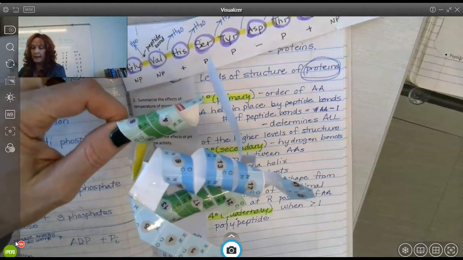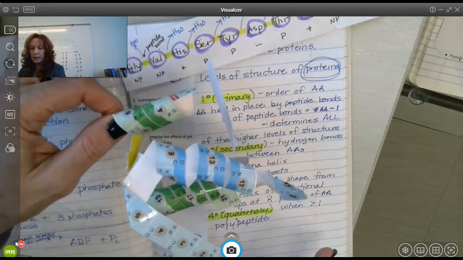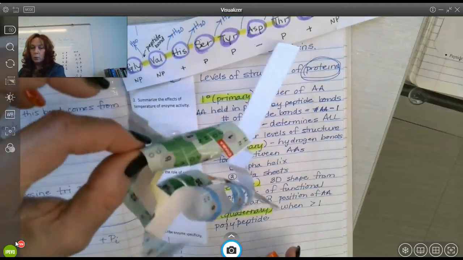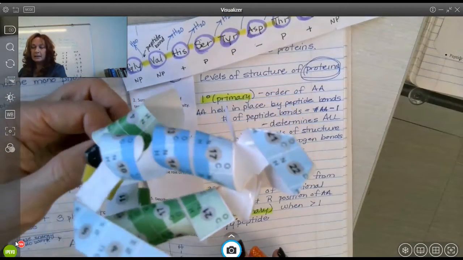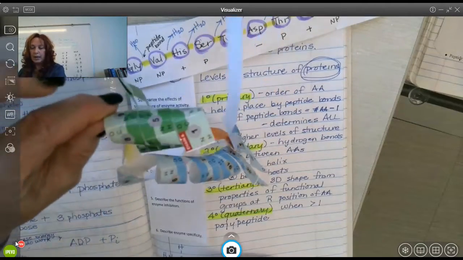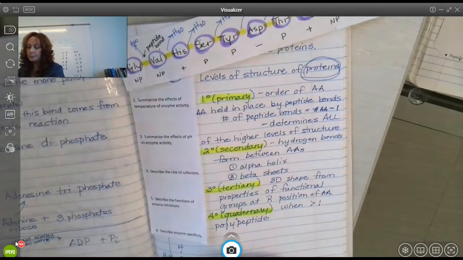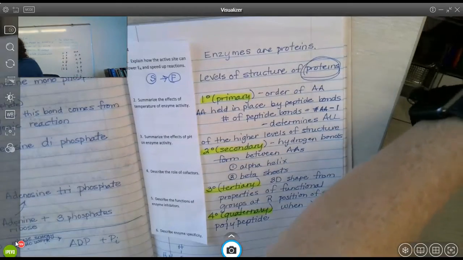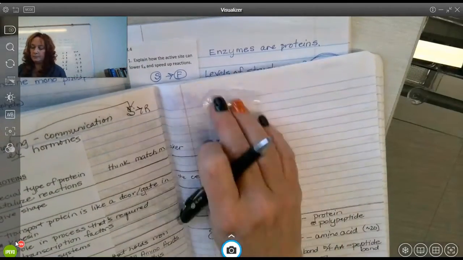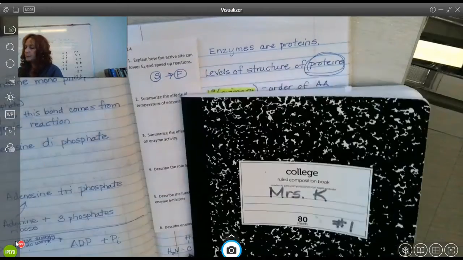I wouldn't want to have the conditions change very much. And that's what real proteins live in, it has to be just right for the shape to stay the way it is. So I'm going to put this little guy back here where the proteins are.